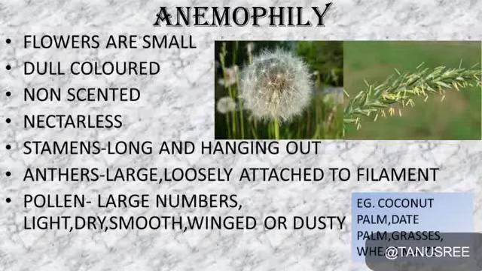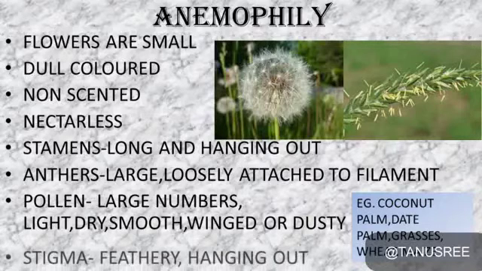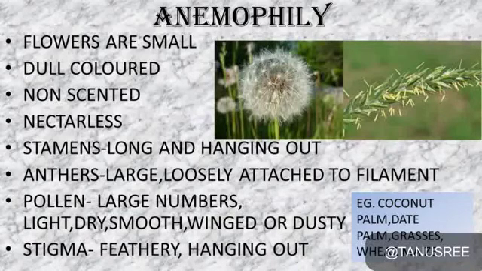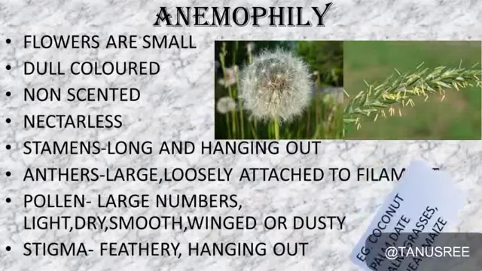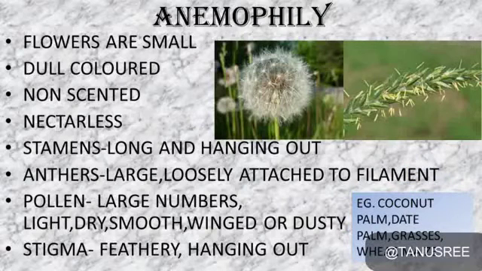They are light, dry, smooth, winged or dusty to be easily carried by the wind. The stigma are feathery and hang out of the flower to trap the pollen grains carried by the wind. Examples of anemophilous flowers are coconut palm, date palm, grasses, wheat and maize.